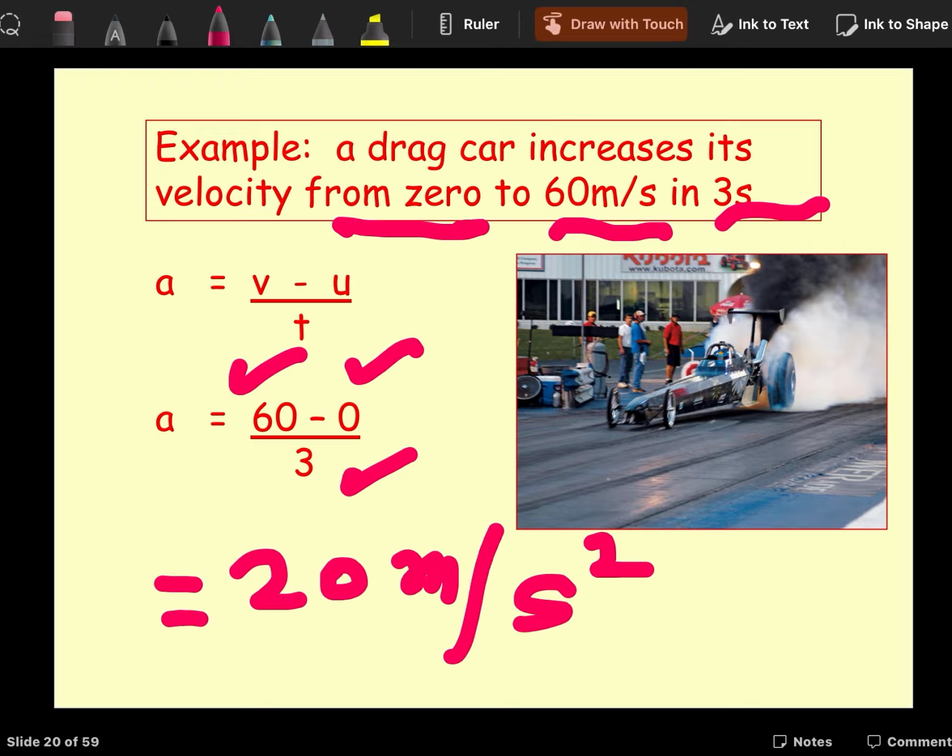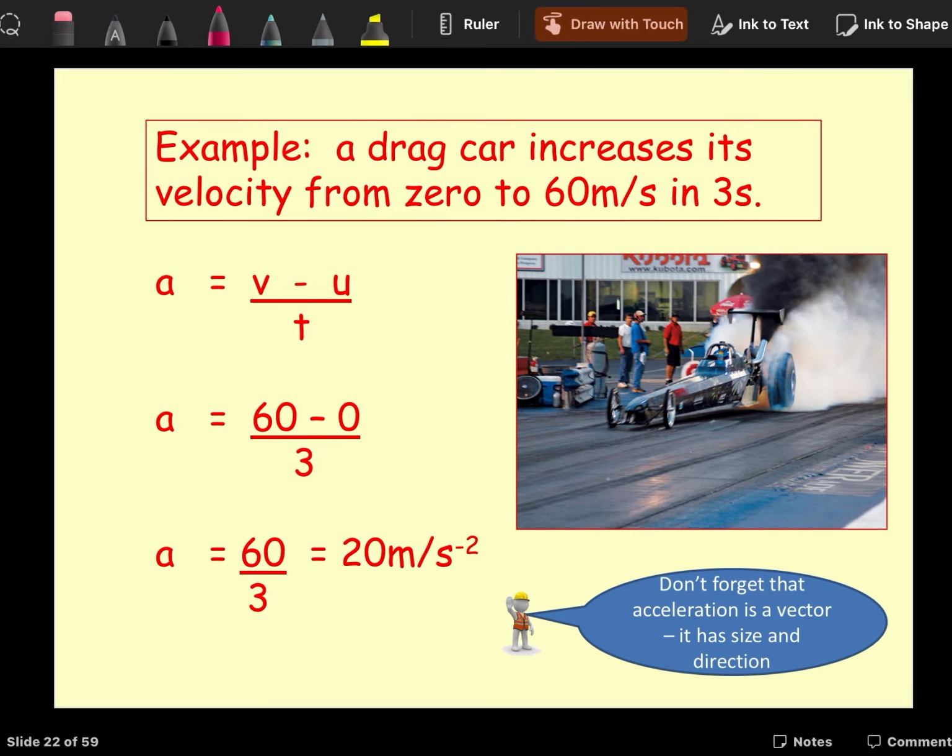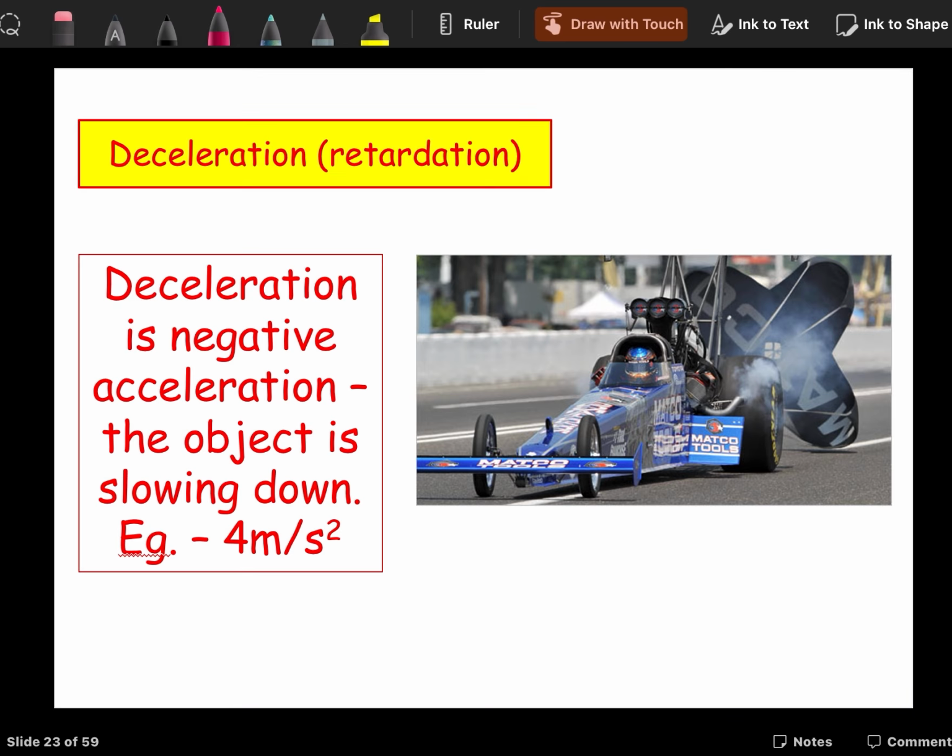This is the unit for acceleration, meter per second square. Same way, v means final velocity, u means initial, t means time. So 60 minus 0 over 3, 60 over 3, 20 meter per second square. Deceleration means when an object is slowing down, when you apply the brake, we call it deceleration.